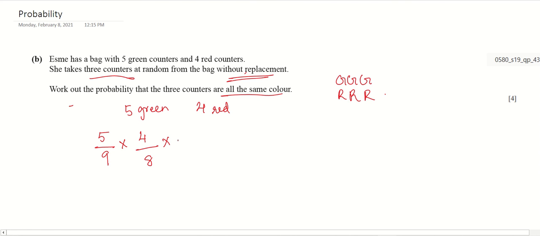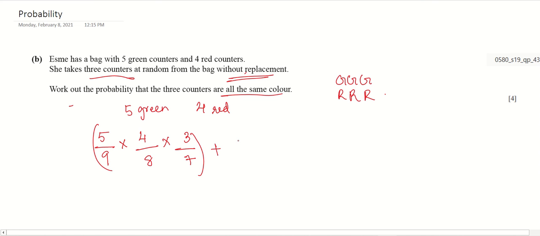And then after that, you will have to multiply again, so she doesn't replace it again, so you'll subtract by 1, and that's going to be 3, right? And she took away 2 already from that 9, so now it would be out of 7. So this will be the probability of finding green, green, green, right?